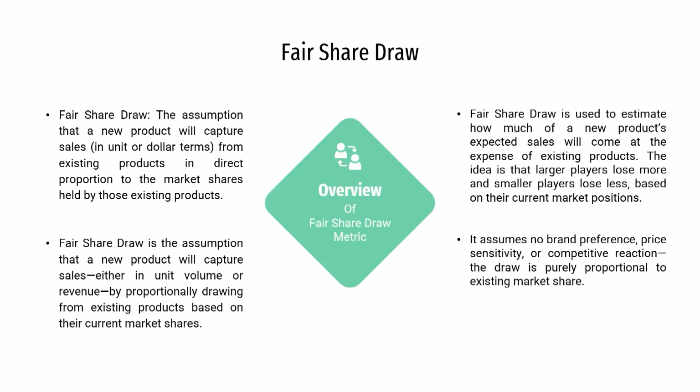Fine. So now we will delve into another metric which is called fair share draw. This is similar to cannibalization, but it works under a certain set of assumptions. The assumption is that a new product will capture the sales, whether in terms of units sold or in terms of dollars, from the existing products in direct proportion to the market share held by those existing products.